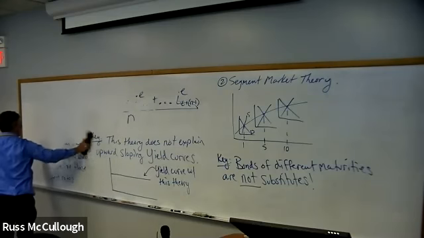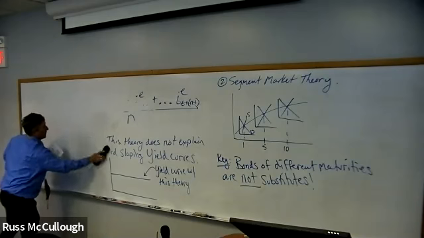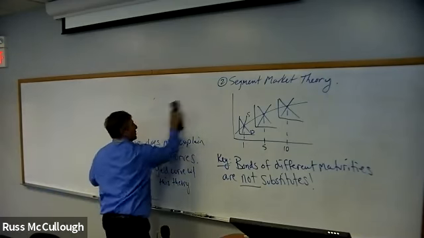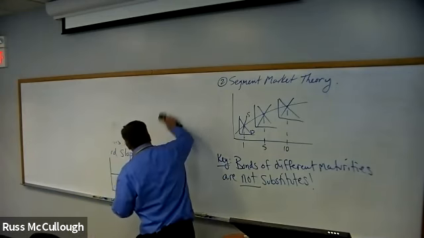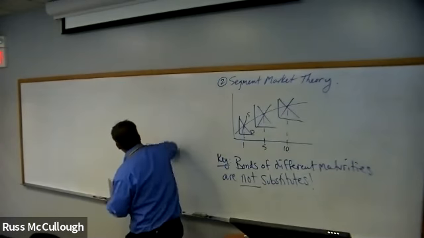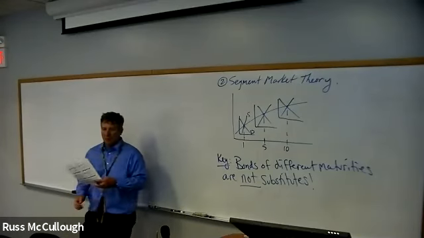All right, so now the mixing of them. If you look back in your notes, what did segmented markets theory not explain very well? That was the last thing I left you with. It doesn't explain points 1 and 2.